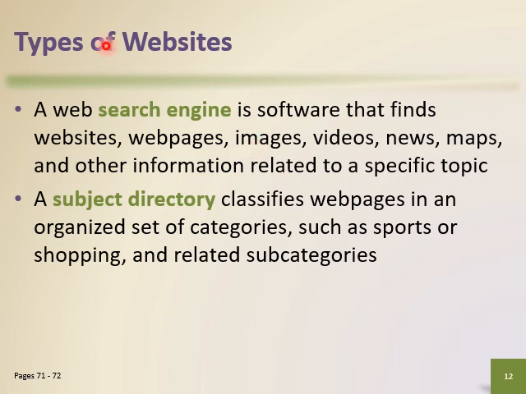The first type of website is a search engine, which all of us use daily in our life. For example, Google is a search engine. A web search engine is software that finds web pages, images, videos, news, maps, or any other information related to a specific topic on the internet.